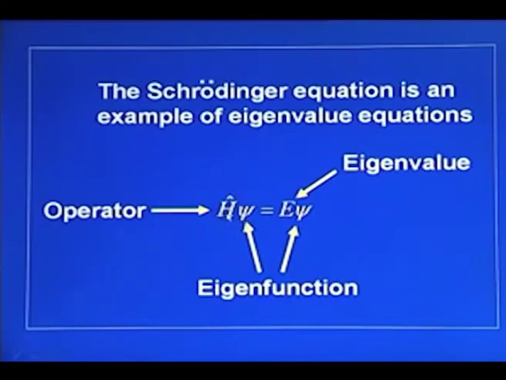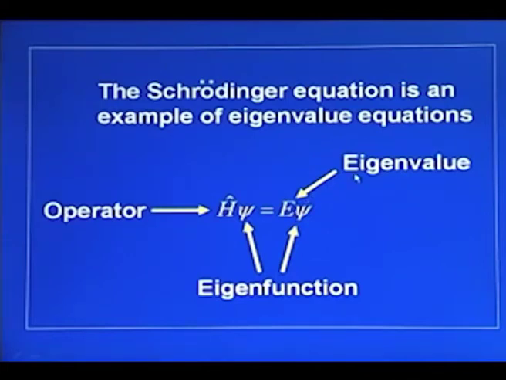Here H is the Hamiltonian, and that's what makes it the Schrodinger equation. The wave function psi is called the eigenfunction, and the constants E that we obtain are called the eigenvalues.